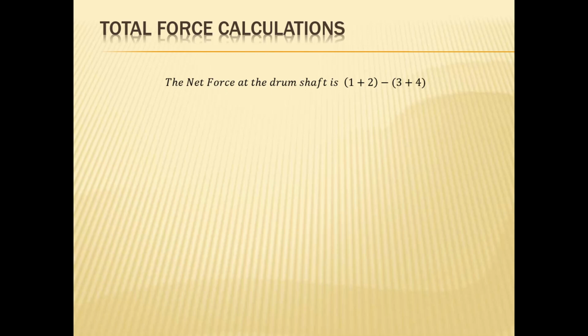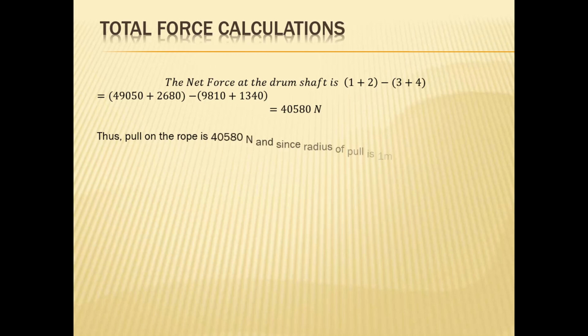Please note here that the numerical is on a descending set of mine cars, so the frictional force will be aiding, and thus the net force at the drum shaft will be required less. So let us calculate it numerically. That will give you a numerical value of 40580 newtons.